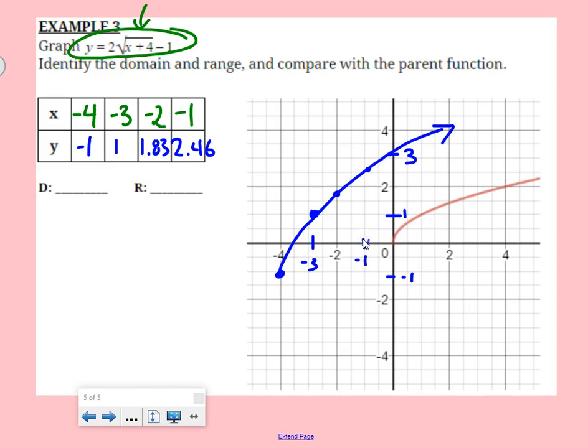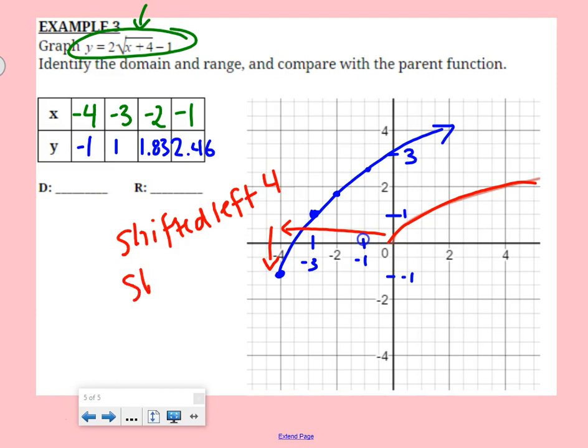So if you can see, comparing it to that parent function, it's been shifted to the left 4 units. It's also been shifted down 1. And then it also grows a little bit faster than our parent function.